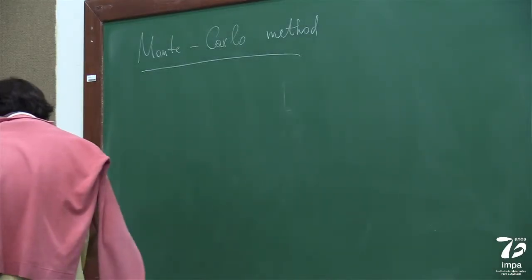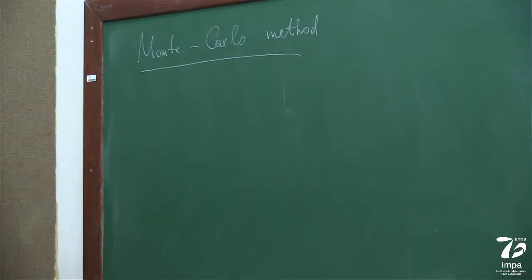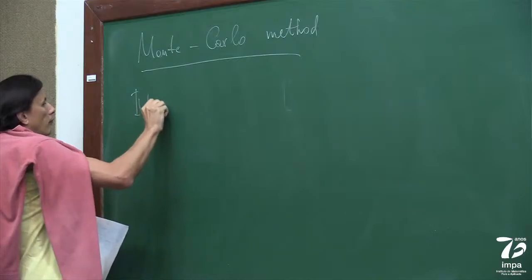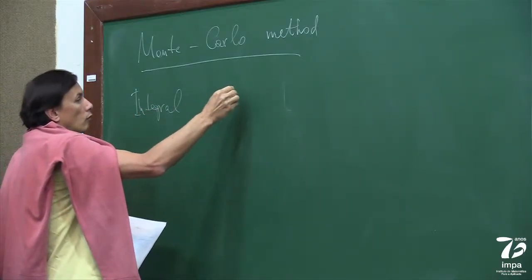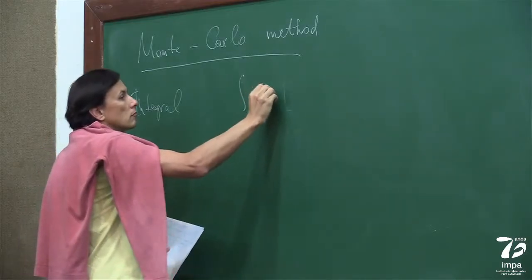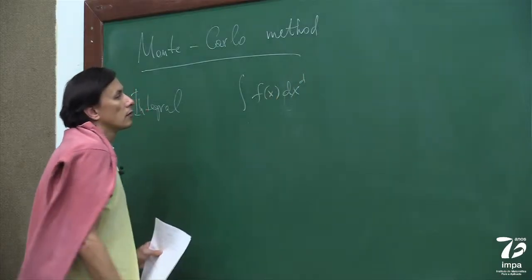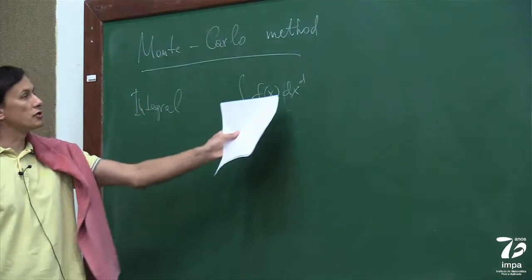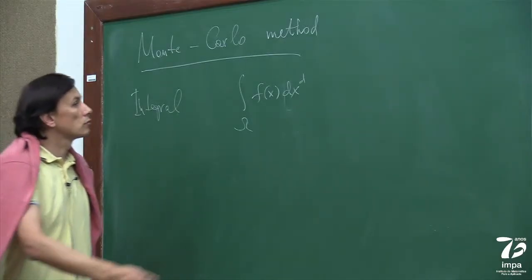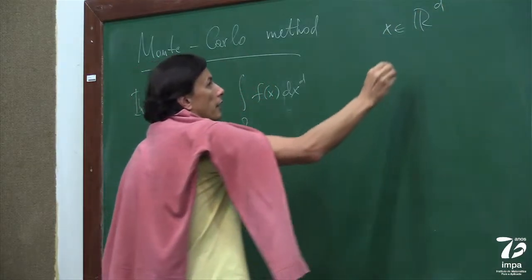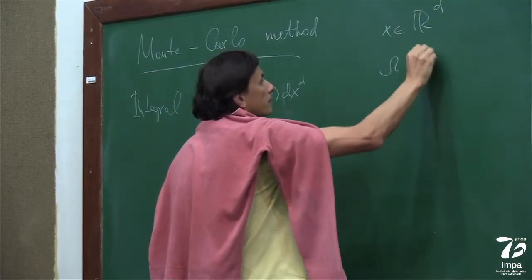So we will already take the high dimensional version. Imagine that we want an integral of a function in dimension d. So x is in dimension d, and omega is some area in dimension d.